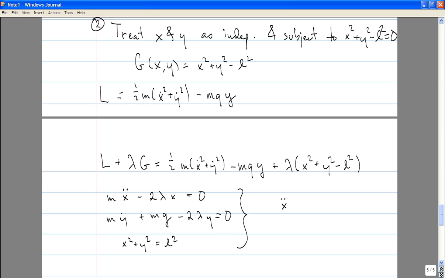So that gives us m x double dot over x is equal to m y double dot over y plus g over y. Right? That's just setting the first equation divided by x equal to the second equation over y. That's just solving for lambda. Sorry, and there's an overall m.